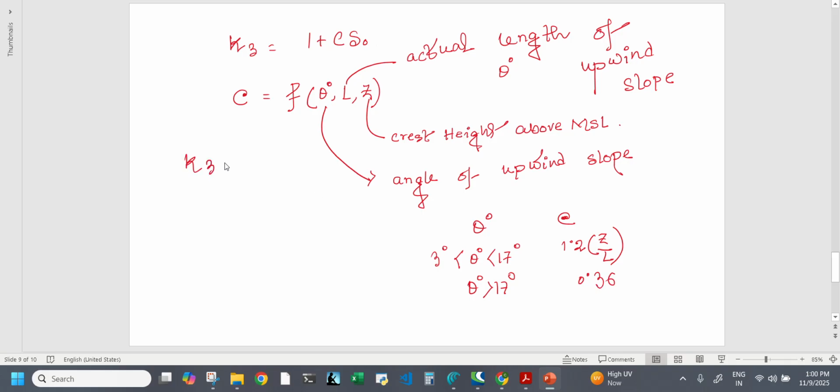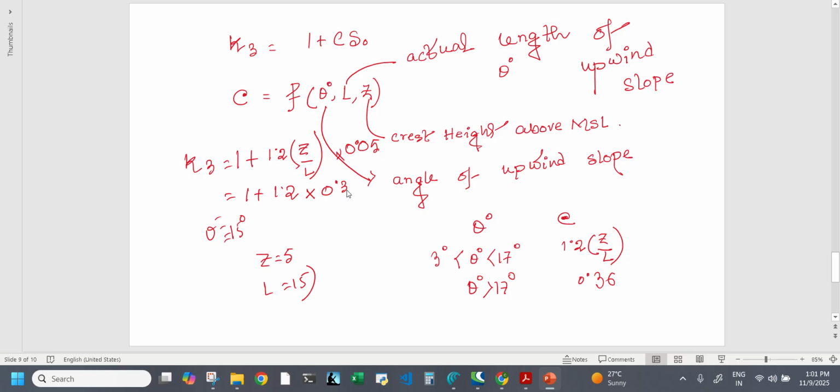So K3 is equal to 1 plus, if theta degree is equal to 15 degree, so we can say that 1.2, height is 5 meter, Z is equal to 5 meter, L is 15 meter. That means Z by L into 0.05. That means 1 plus 1.2 into 0.33 into 0.05. Now it is your homework to calculate the value of K3.